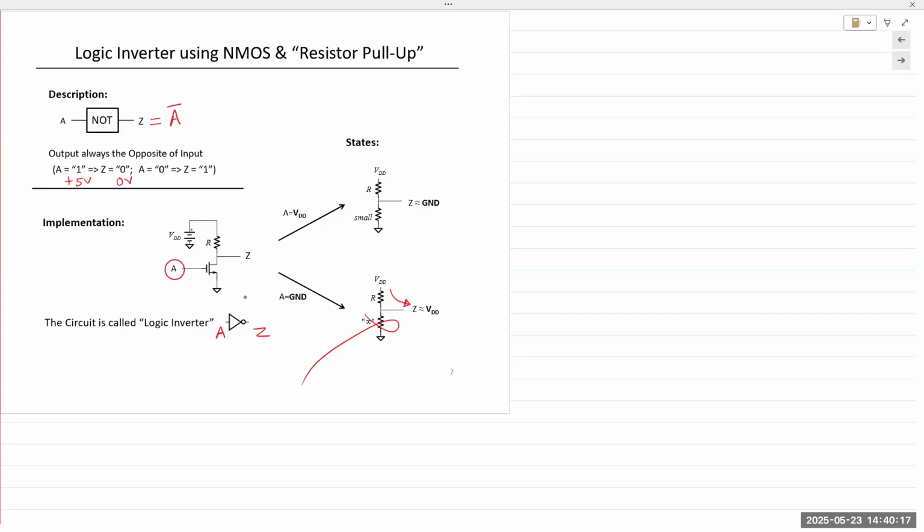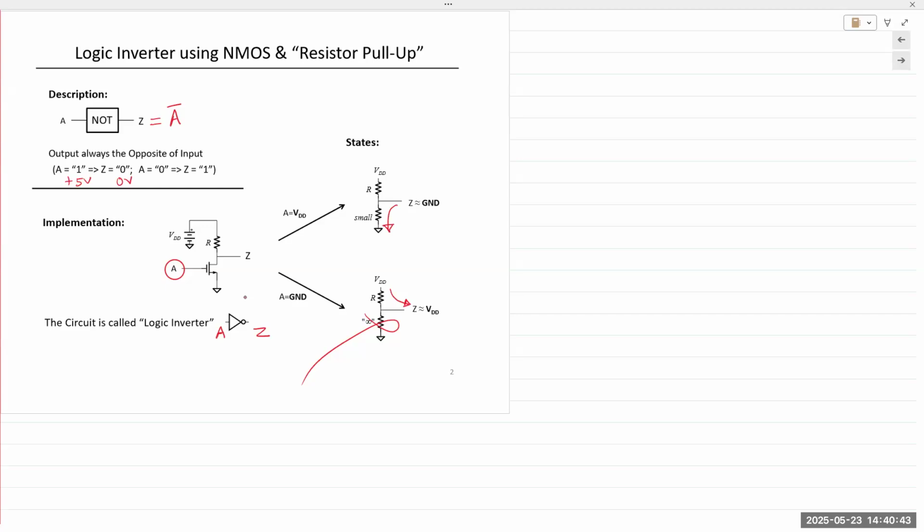Now you apply logic high at the gate, or plus 5 volts at the gate. Presumably, the plus 5 volts is larger than the threshold voltage. So the MOSFET turns on. If the MOSFET turns on, it directly connects the output to ground.